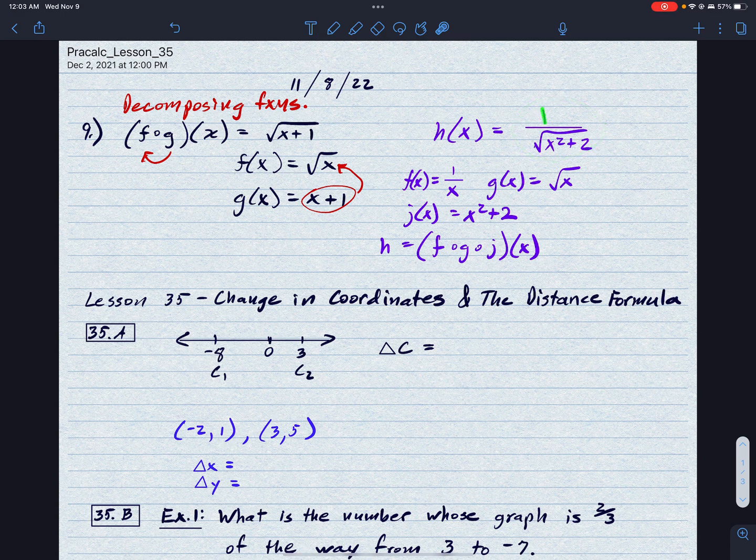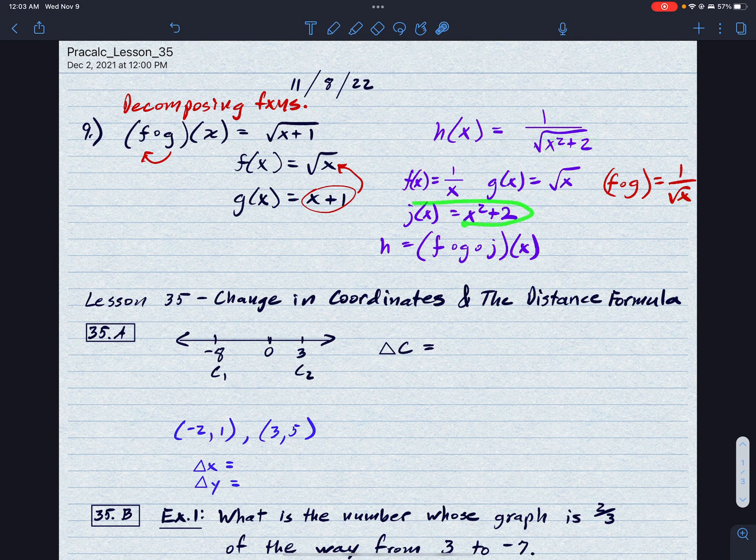It's 1 over something in the denominator. So I'm going to let f of x be 1 over x. Then I've got a square root going on. So if I replace the x with a square root x, then it's easy to see that just f of g would be 1 over square root x. Then all this stuff inside could replace that x.